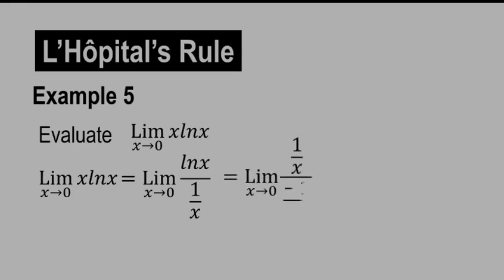That is equal to limit as x approaches 0 of 1 by x over negative 1 over x squared. Here 1 by x is derivative of natural log of x and negative 1 by x squared is derivative of 1 by x.